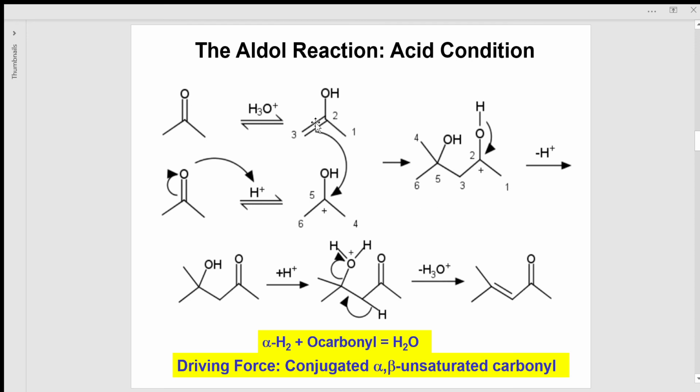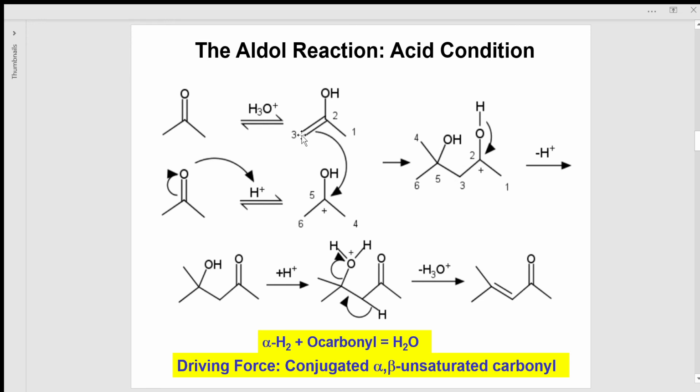My experience from my work is to label each atom, label each carbon here, 1, 2, 3, 4, 5, 6. Then we have 1, 2, 3.